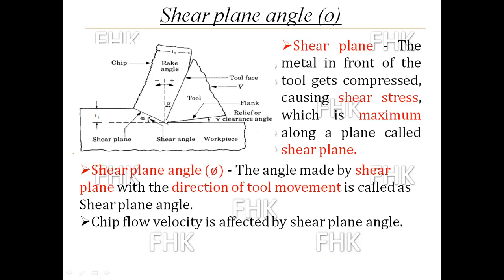So the angle made by shear plane and this horizontal line is called shear plane angle, and this is denoted by phi. The chip flow velocity, the velocity of chip flow, is affected by the value of phi due to variation of phi.